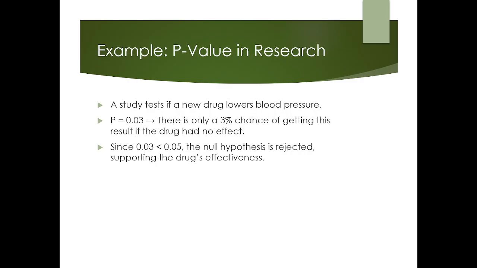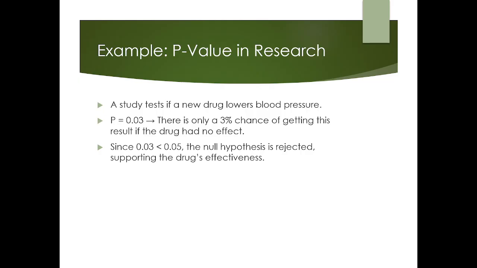Examples of p-value in research. A study tests if a new drug lowers blood pressure, and when we carry out our statistical analysis, the p-value is equal to 0.03. That means there is only a 3% chance of getting this result if the drug has no effect. And since 0.03 is lesser than 0.05, the null hypothesis will be what?